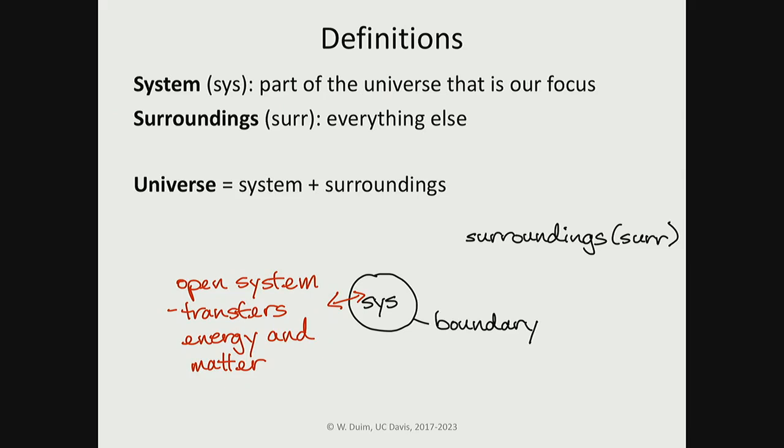An example of an open system would be us, or all living things. Right? We transfer matter, we eat food, then we get rid of it the other end. We transfer energy as well. We're all radiating heat, right, to our surroundings.